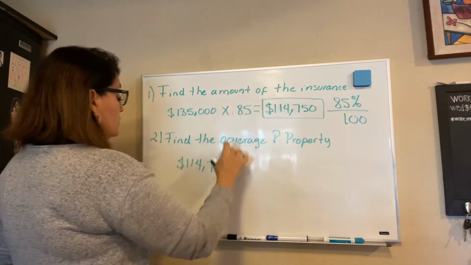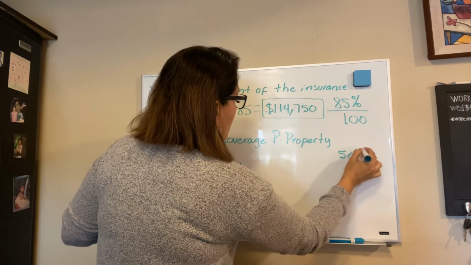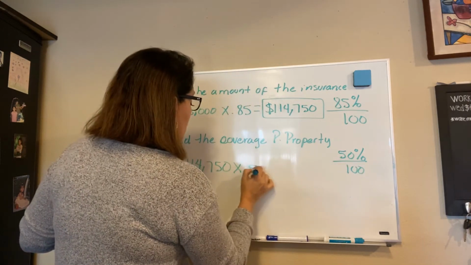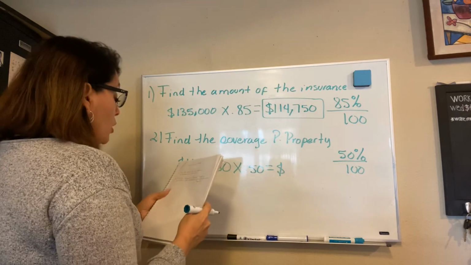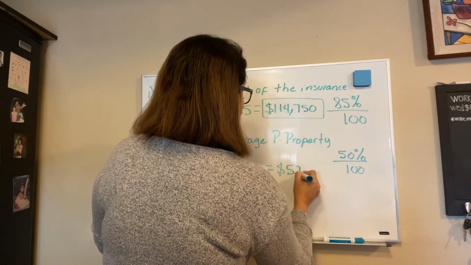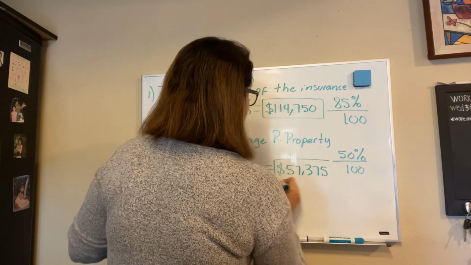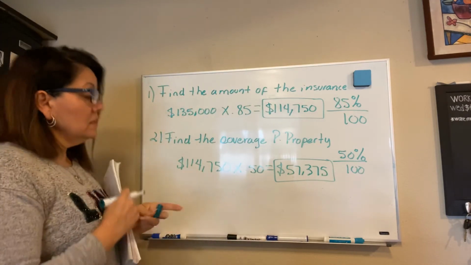For this one, it says 50% divided by 100 is going to give me 0.50. So for personal property, it is going to be 57,375. You see? And in 5 minutes we did it?